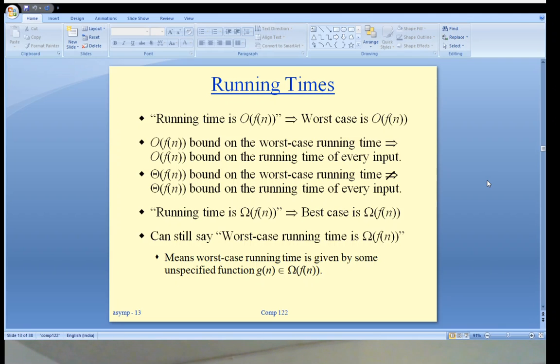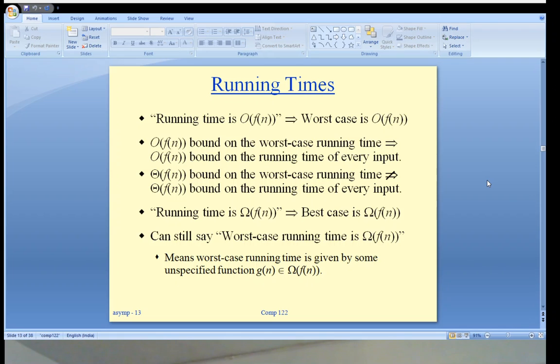And theta f(n) represents the average case. Most of the time, it's used for the average case. And big omega notation of a function is the best case. So big O is the worst case, theta is the average case, and big omega is the best case.